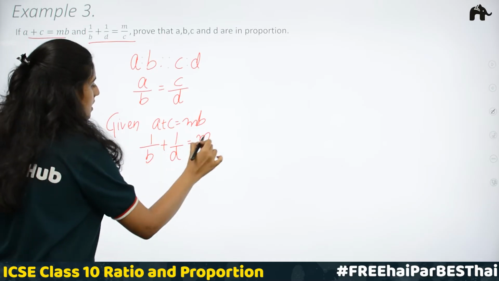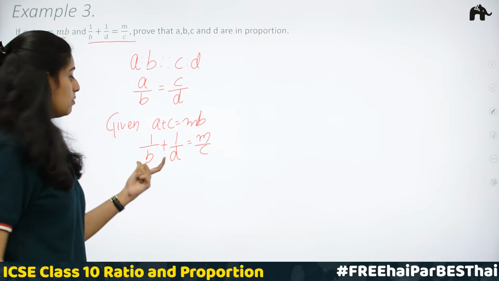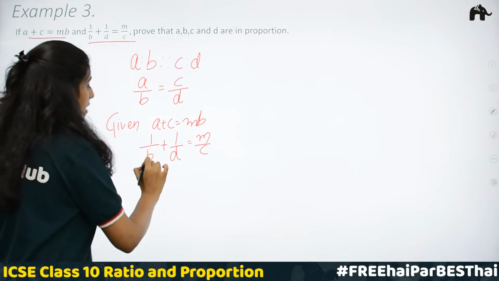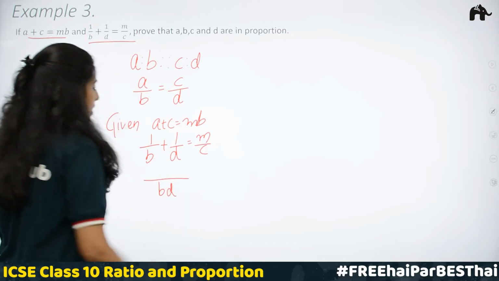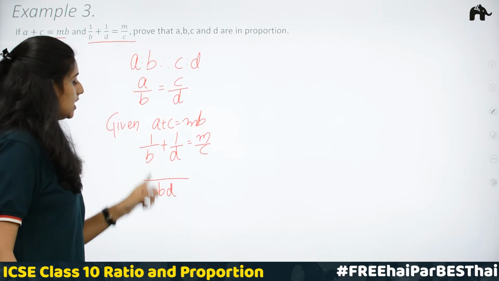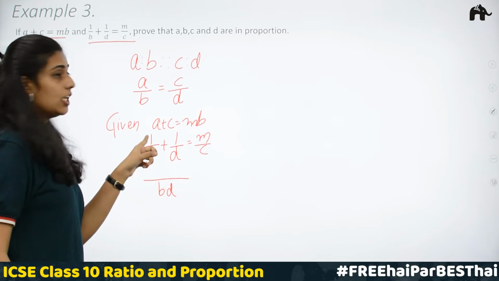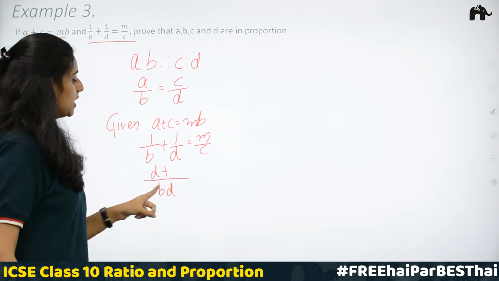Okay, I will show you two methods. The first method, using this, we are going to take the LCM of the denominators. We have B and D. The LCM is BD. What about the numerator? Here we have B. B into D is BD. D into 1, D. Plus D into B is BD.